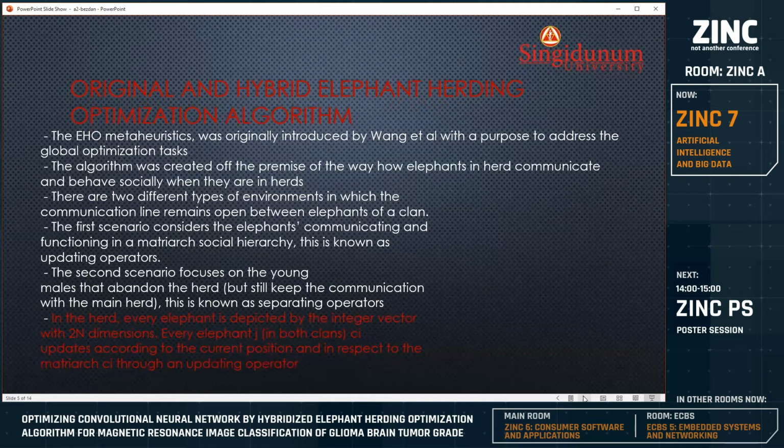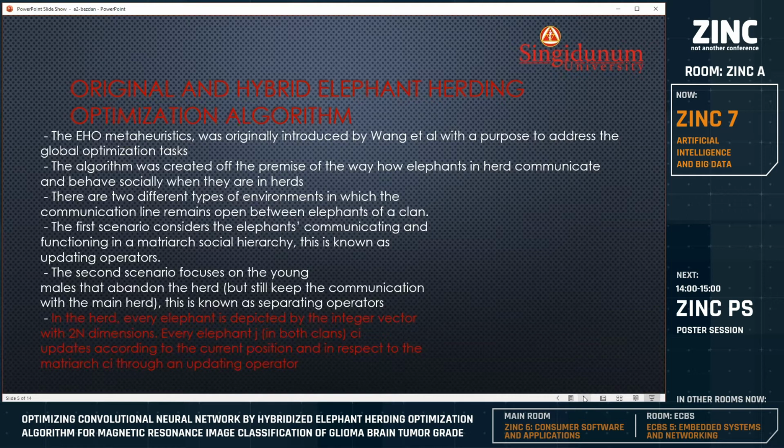So further discussing, for starters, the basic EHO algorithm, or the EHO metaheuristics. They were originally introduced by Professor Gai-Ge Wang with the purpose of addressing global optimization tasks. The algorithm was created from the premise of how elephants in herds communicate and behave socially.